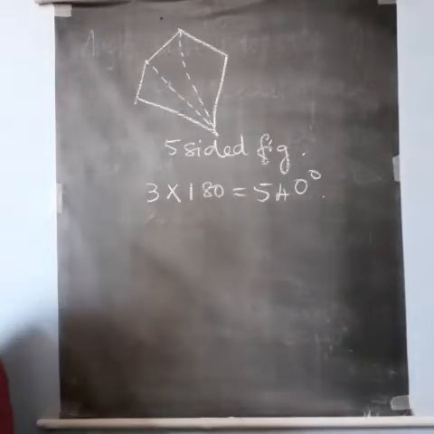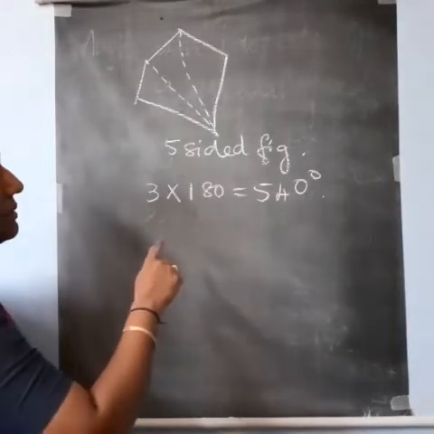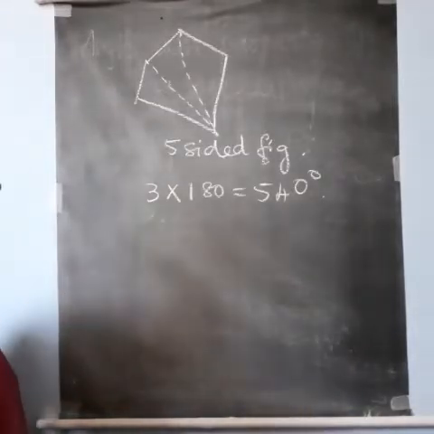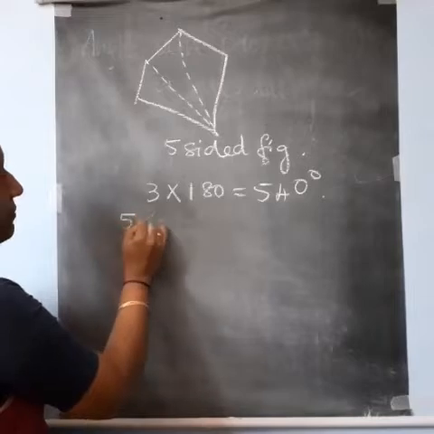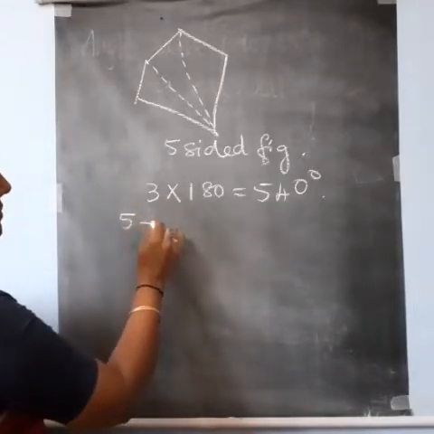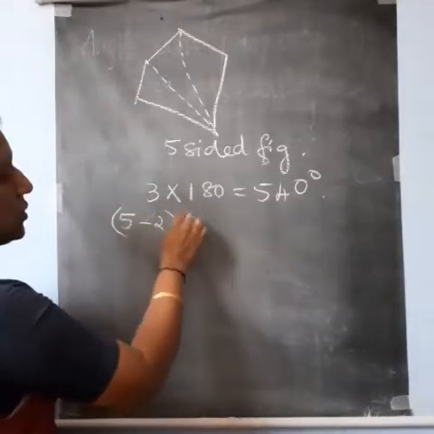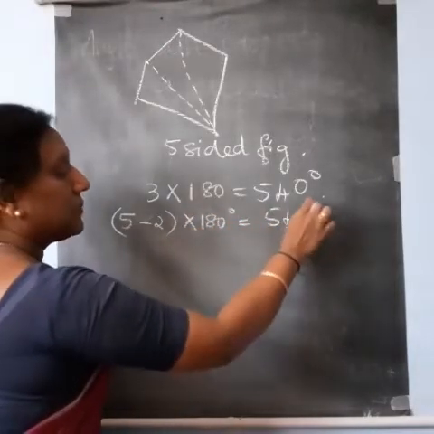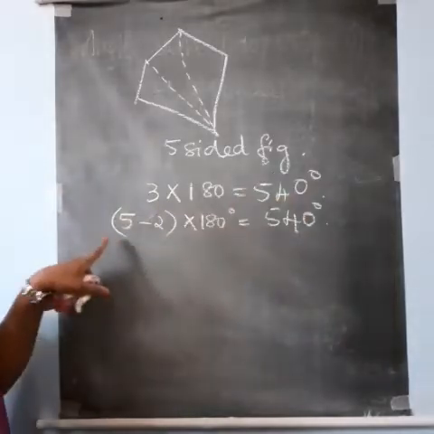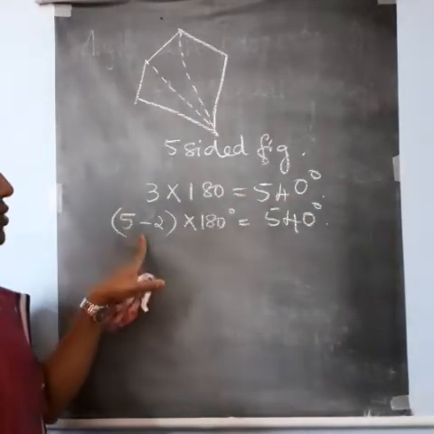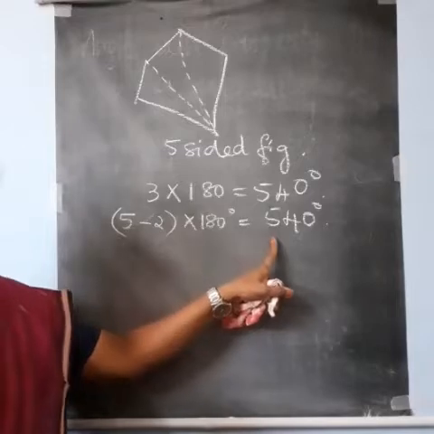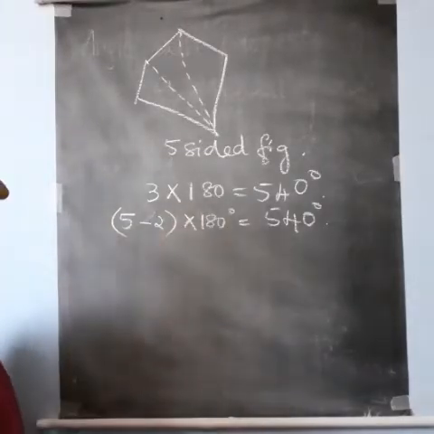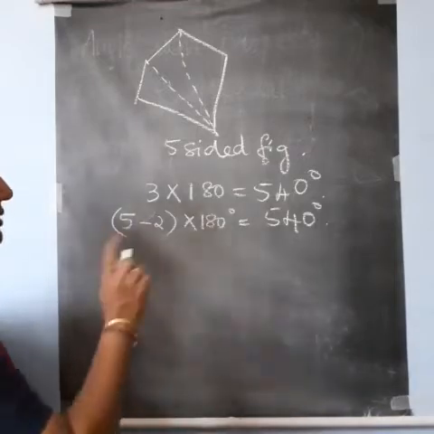So, now you take for example this 3. How can I write this 3? I can write it as 5 minus 2, correct? Into 180. So, that is 540. Okay. So, I am finding that the number of sides minus 2 into 180 will give me the total angle sum. Now you take a six-sided figure. What will the formula be?